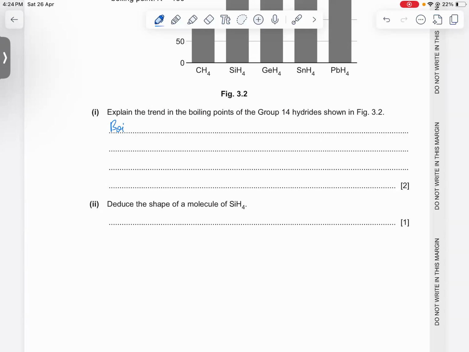Boiling point of group 14 hydrides is increasing down the group.